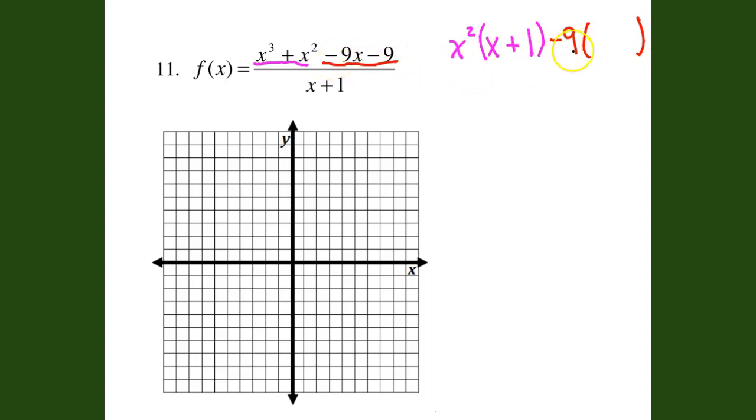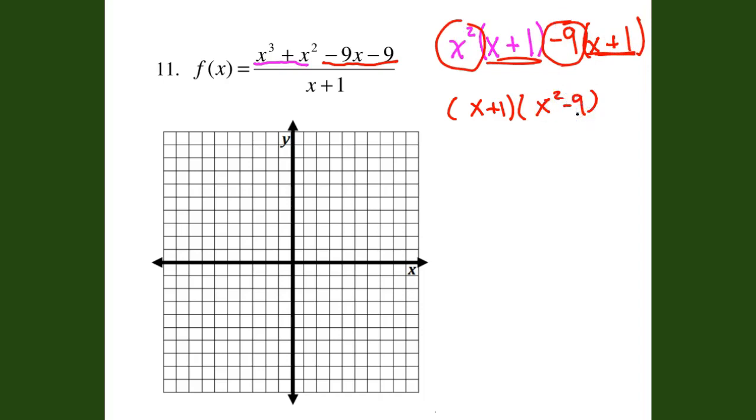So negative 9 times x is negative 9x, and negative 9 times 1 is negative 9. So they end up matching, which means my factors will be x plus 1, and then x squared minus 9. Look at that. And then on the bottom here we have x plus 1.